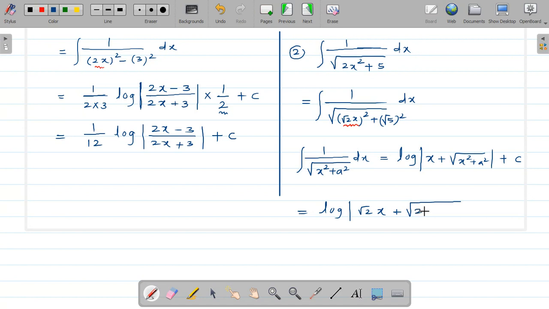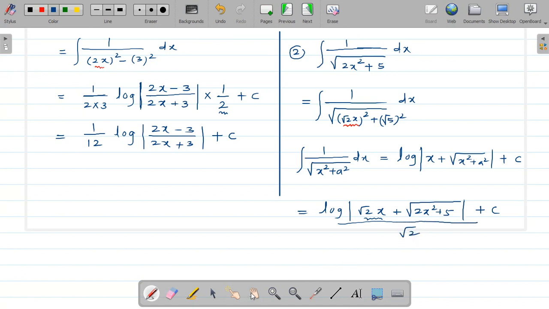You can write 2x square plus 5 also, or you can write (root 2x) bracket square plus (root 5) bracket square also, no problem. Plus we have to write the constant, but as here it is root 2 into x, so we have to divide by the derivative of root 2x. The derivative of root 2x is root 2.